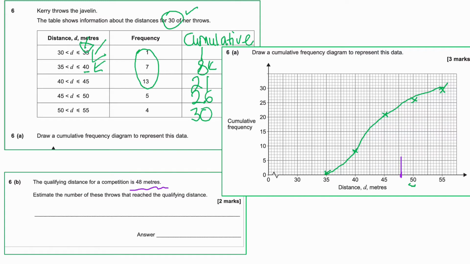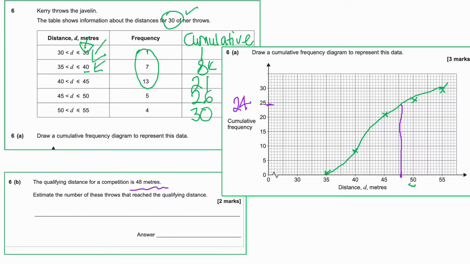Obviously, if you've got a ruler, it will be better. Something like that. And then we're going to draw a line along and see where that meets the y-axis. And I think, without drawing the whole line, it will meet around here, which is 24. So that shows that 24 throws are 48 metres or less.